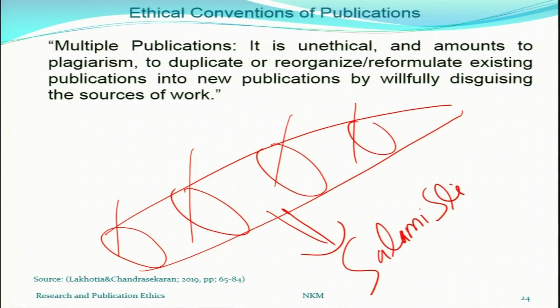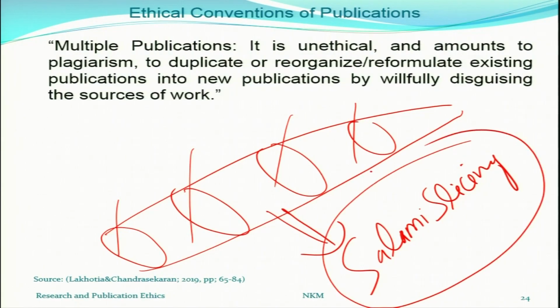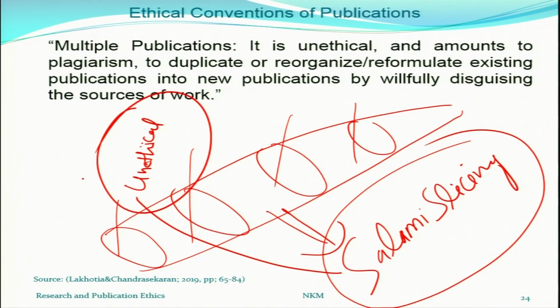Salami slicing is unethical. Researchers produce big data and try to publish small papers out of this big research data, and that's also unethical. We have to understand this is unethical as a research practice, against the ethical convention.